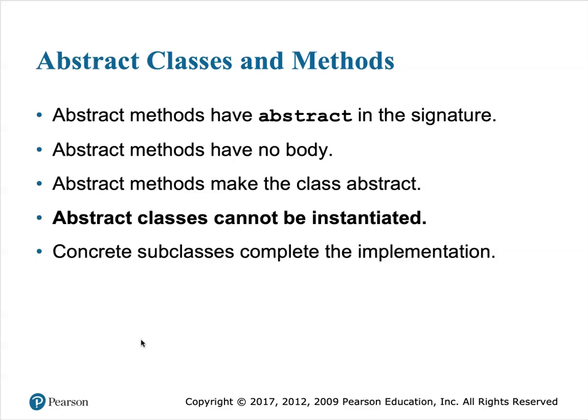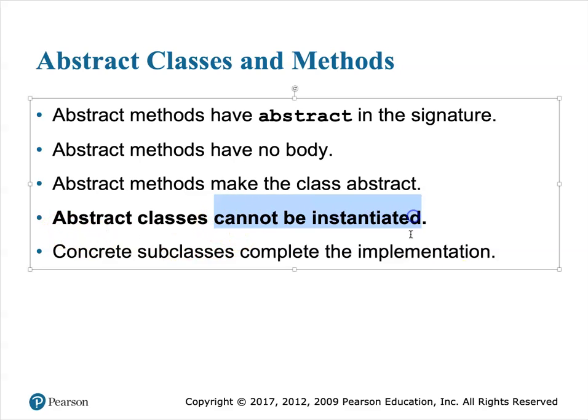As a result, if a class is abstract, you can't make an object of that type. You can make a variable, but you can't use the new operator because if the class is abstract, it doesn't have all of the pieces to exist.